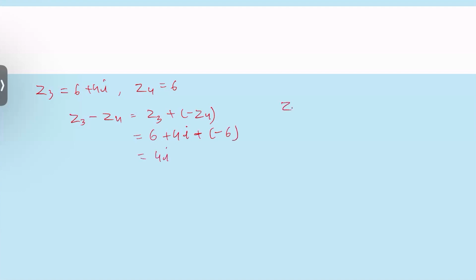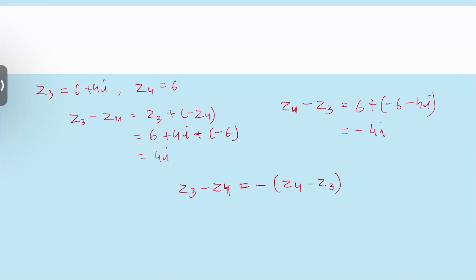Now let's find Z4 minus Z3. This is 6 plus minus 6 minus 4i. Again 6 and minus 6 cancel. What you're left with is minus 4i. So again you can see that Z3 minus Z4 is equal to the negative of Z4 minus Z3.